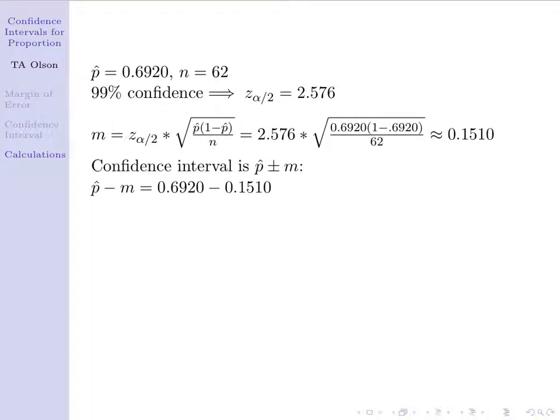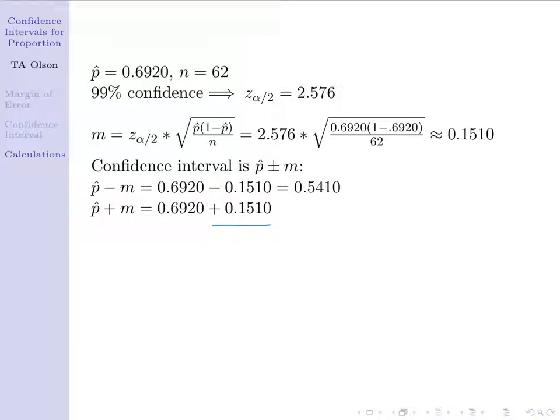All right, so now let's start calculating our confidence interval. P hat minus M, 0.6920 minus 0.1510. This comes out to be 0.5410, right? So over 50% is our bottom here. On the high end, we're going to add our margin of error.